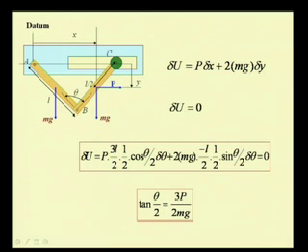So, if we know this force P and the mass of these links, then we can determine this angle theta as 2 times tan inverse 3P by 2mg.